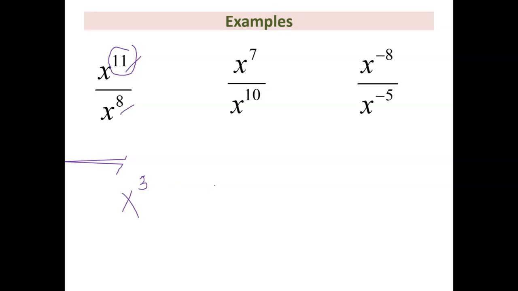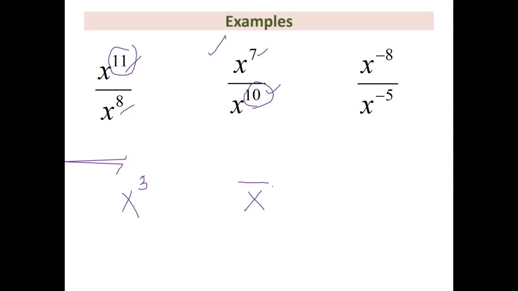Now, if I use the same approach in my second example, I end up having a negative number, which I then have to change to a positive. Because if I do 7 minus 10, I'm going to get negative 3, right? So to avoid that, what I usually do is I first check that the exponents are positive, and then I circle the larger exponent. 10 is higher than 7. 10 is in the bottom, so your x this time will stay in the denominator.